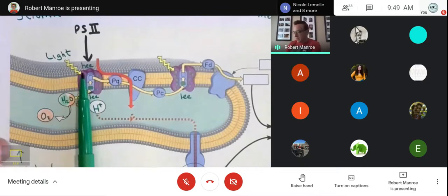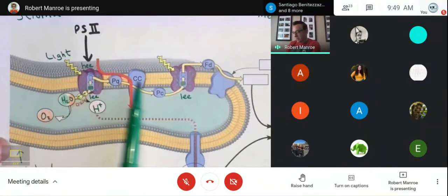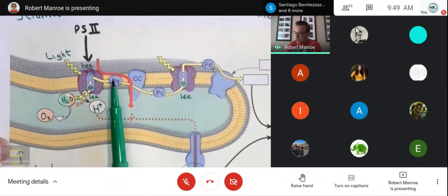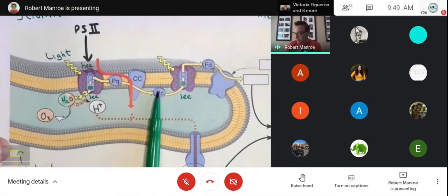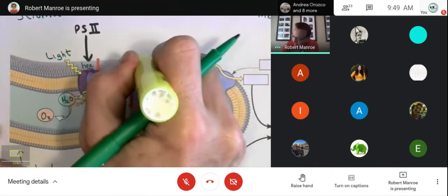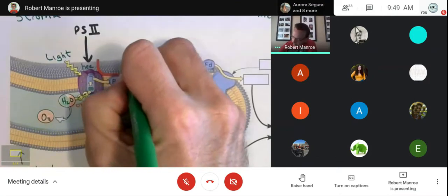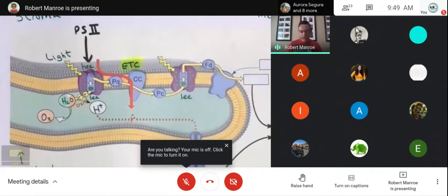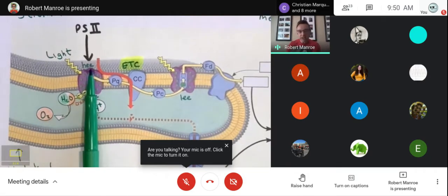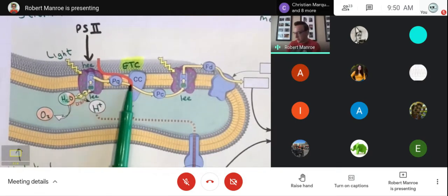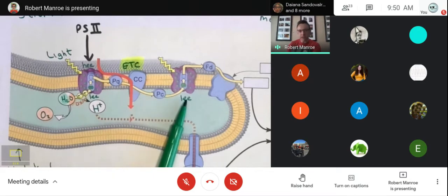So since these electrons are transported from here to here through a chain or series of proteins, this is then referred to as an electron transport chain. So all the electron transport chain does is it transports the high energy electrons from here to here to here and ultimately drops them off right there.